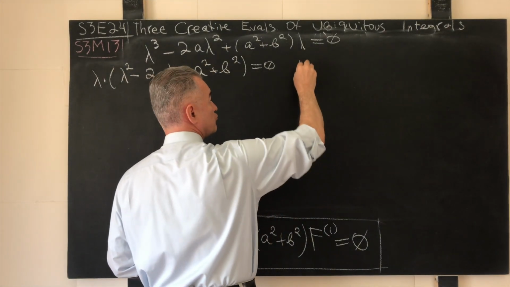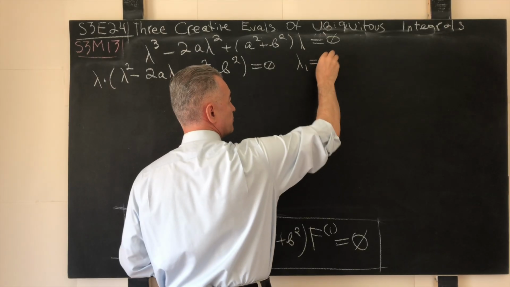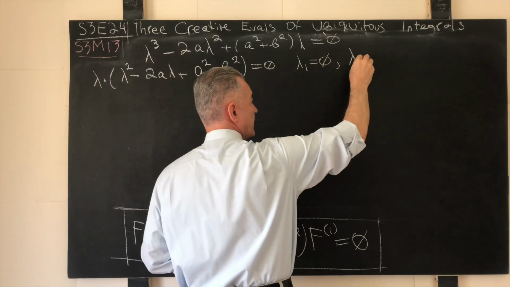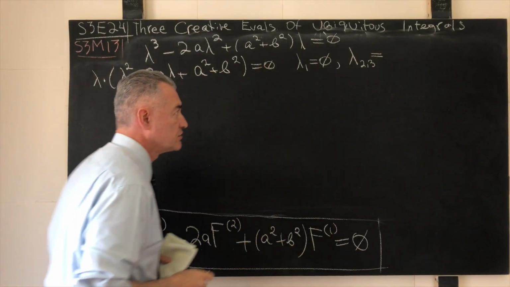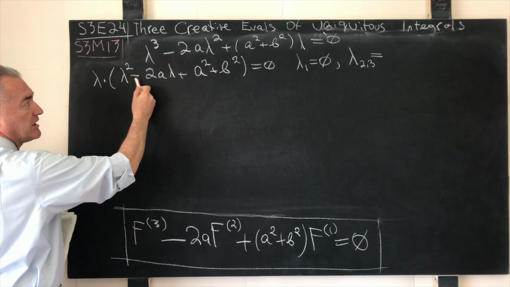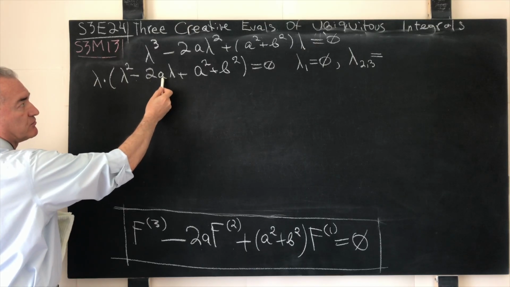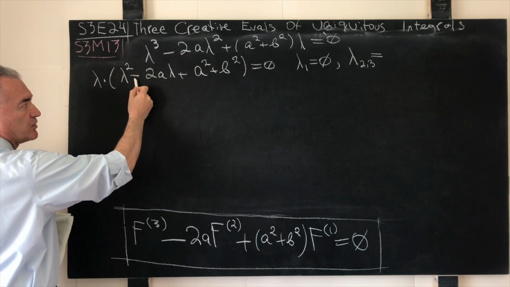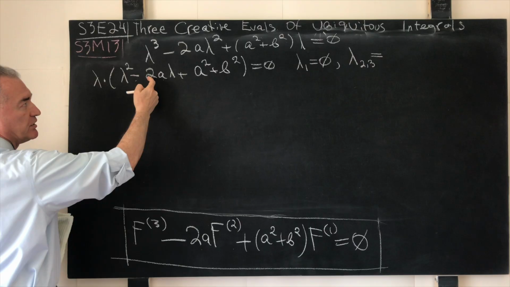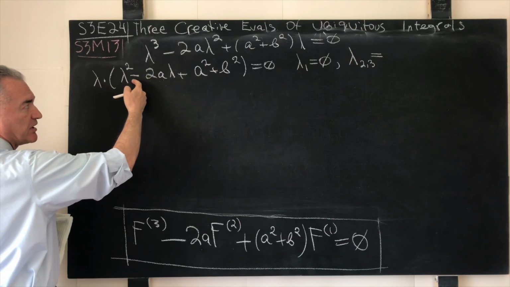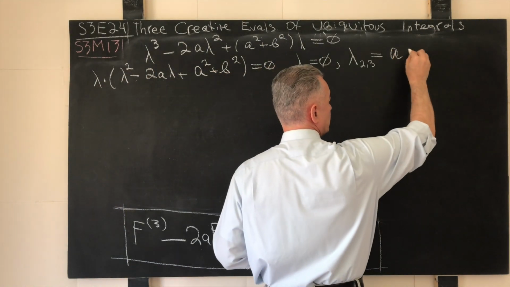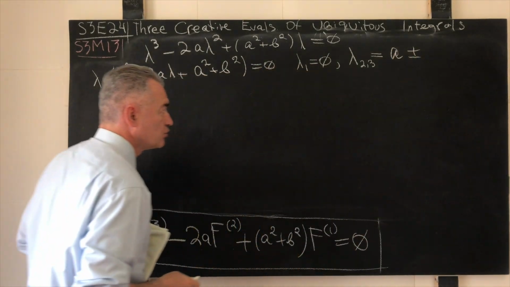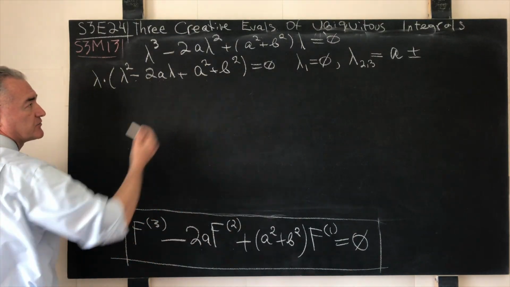The first root, lambda 1, will be 0, and the next 2 roots, lambda 2, 3, let's see if we can write these roots down right away. Minus 2a, and for the first part of the root, we take this factor with the negative sign. It will be 2a. Minus 1 times minus 1 is plus 1, divided by 2, so it will be a. So we write down a right away, plus minus. What will we have under the square root?